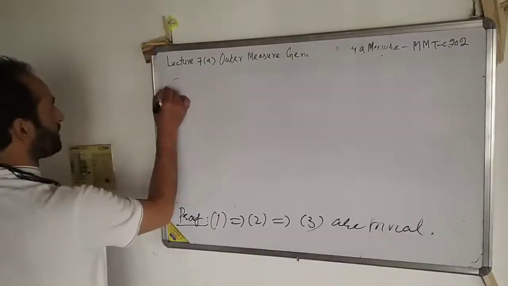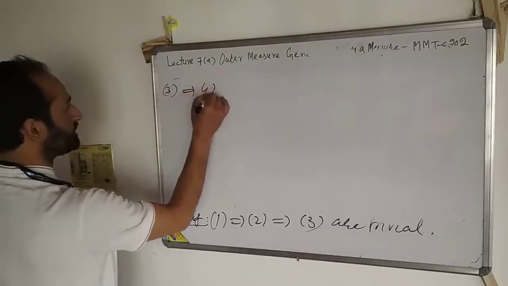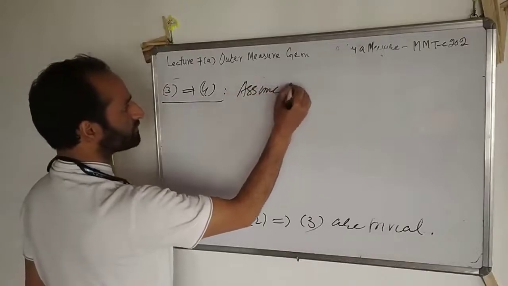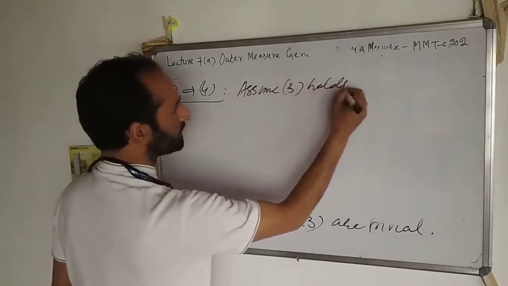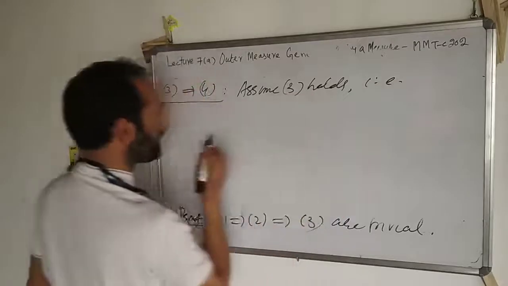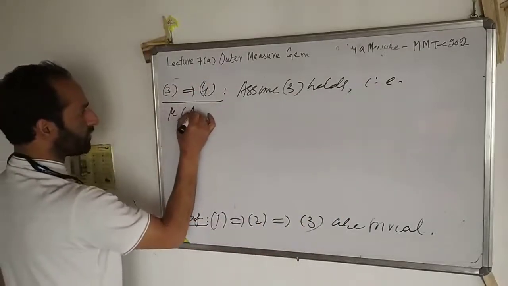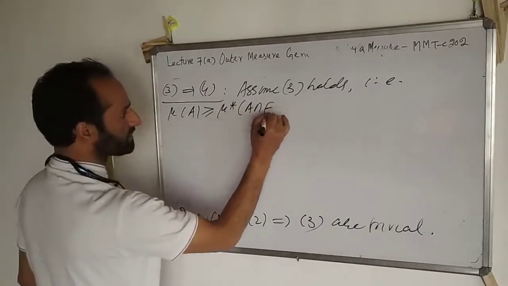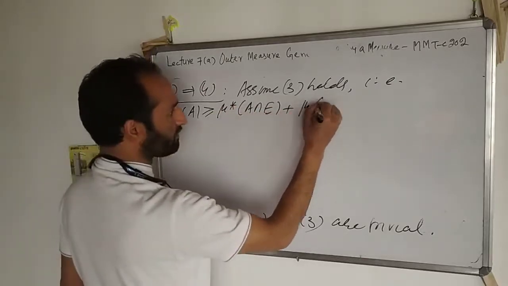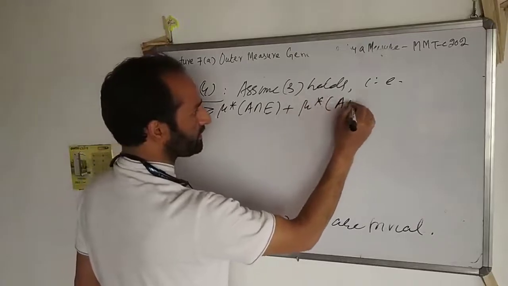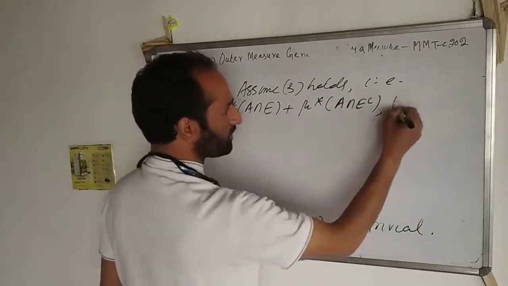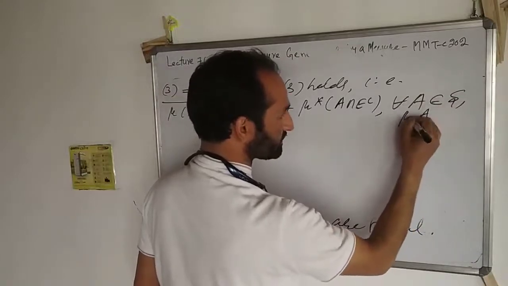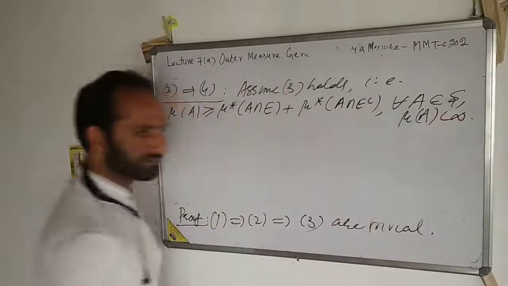Third implies fourth. So assume third holds. That is, mu of A is greater or equal to mu star of A intersection E plus mu star of A intersection E complement for every member A of the semi-ring S with its measure finite.